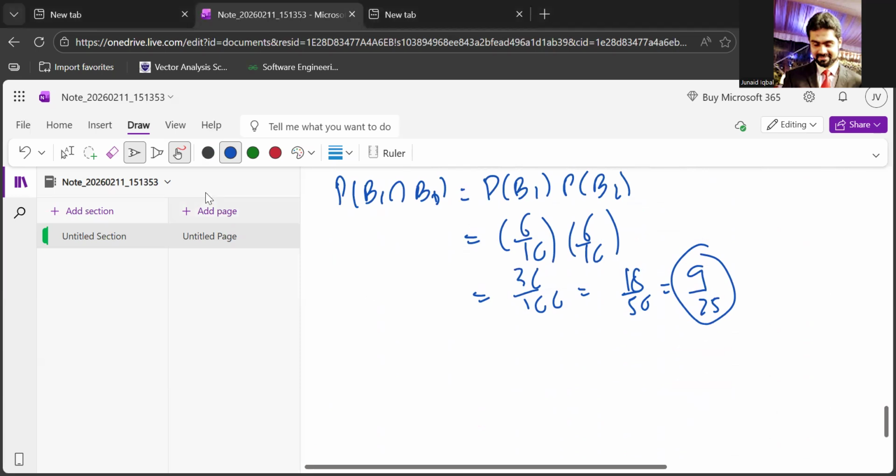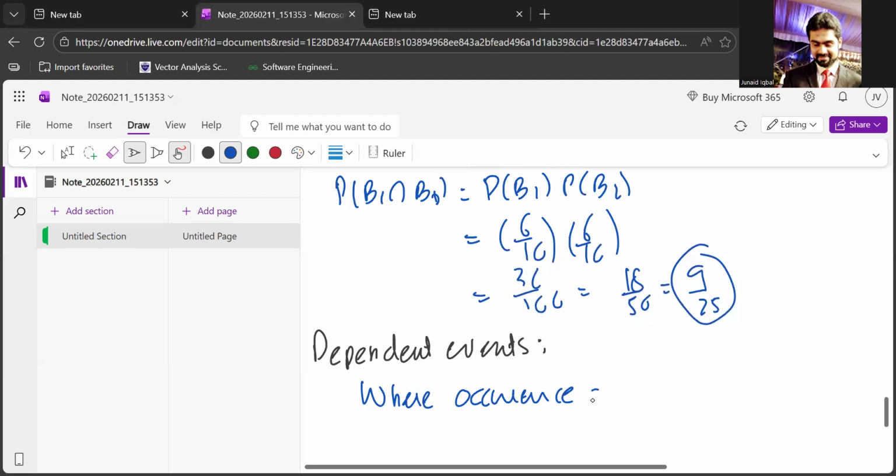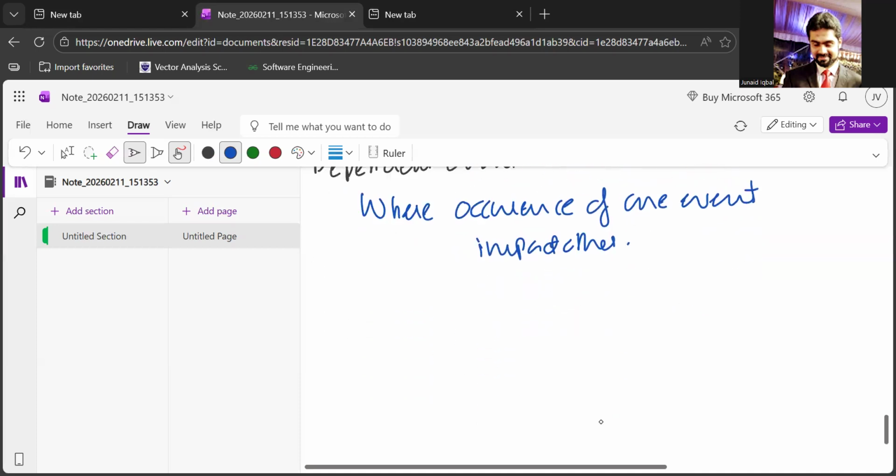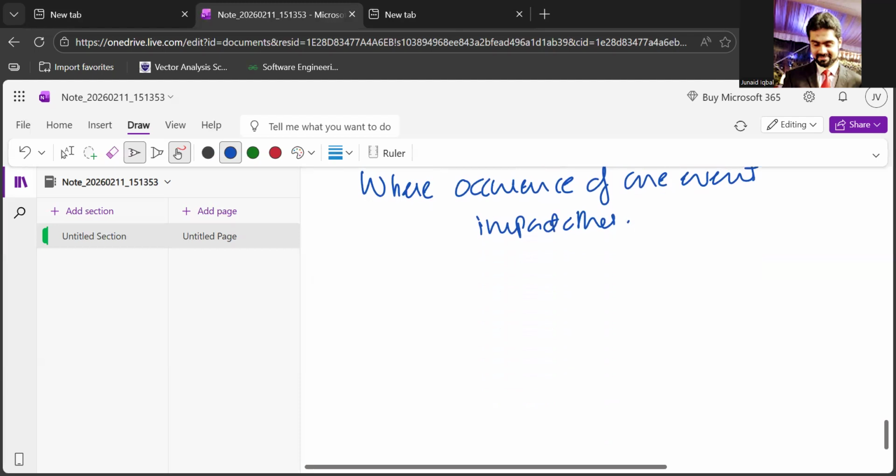Let's just do some dependent events questions. Dependent events are those where the occurrence of one event impacts the other. Okay, so let's take an example.